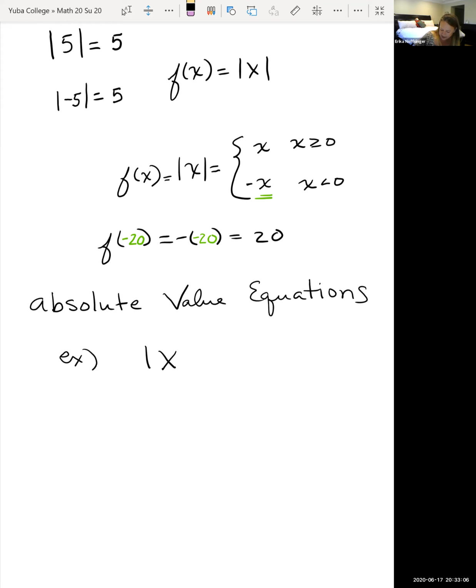If you had the absolute value of x, and it was given to you that it was equal to 5, what could x be that would make that a true statement? What could you plug in for x that would make that true?